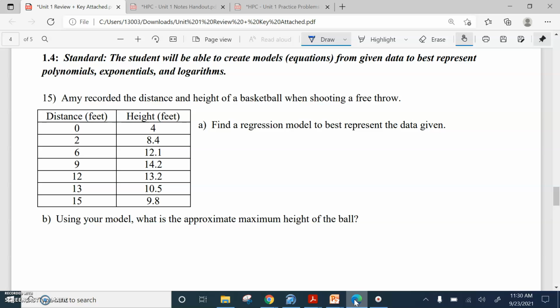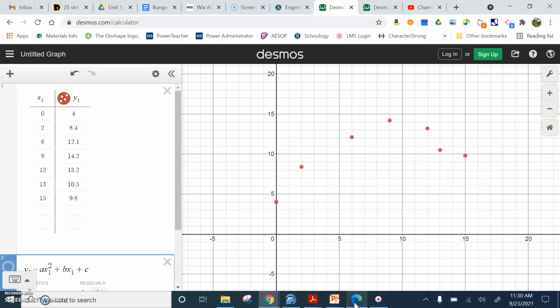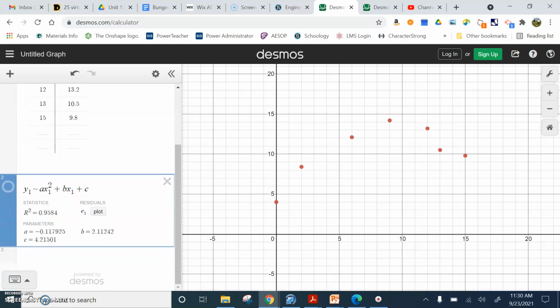It has to do with the fact that gravity is the only thing pulling it down, and gravity is constant. So with that said, we could go through and check other regression models here, but because we know it's a bouncing ball using gravity, I'm going to come out and say we're just going to use quadratic.